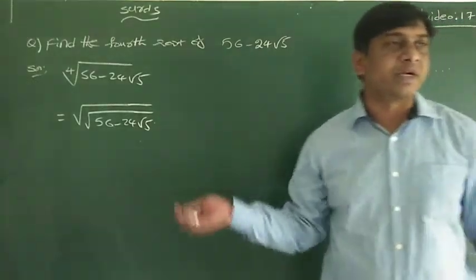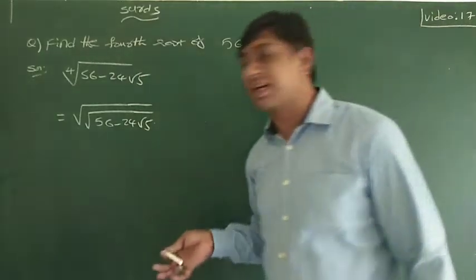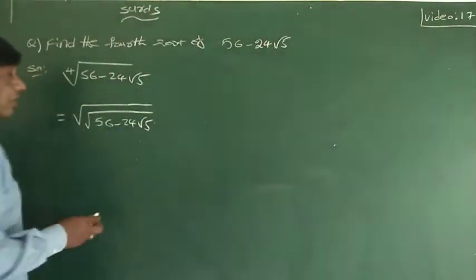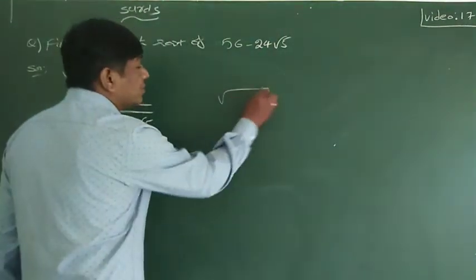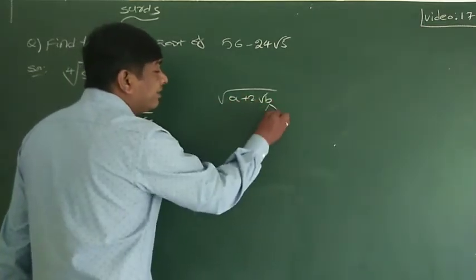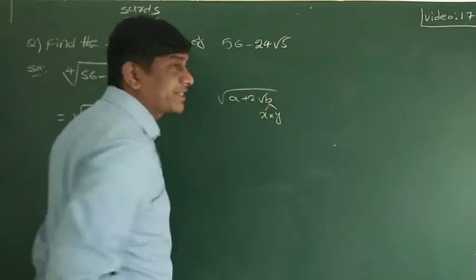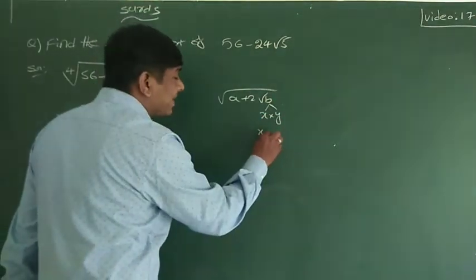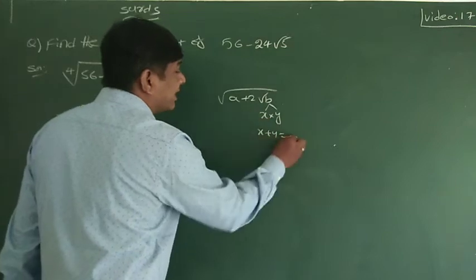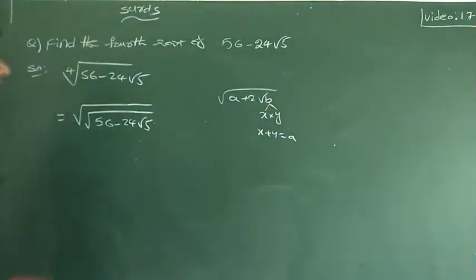Already we learned this in two methods: one procedure, and another alternate shortcut method. Now, to find the square root of a surd a plus 2 root b, we split the radicand as factors x into y such that x plus y is equal to a. Then only you have the direct shortcut method.